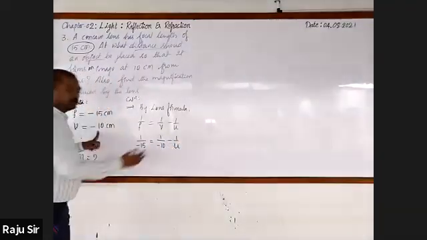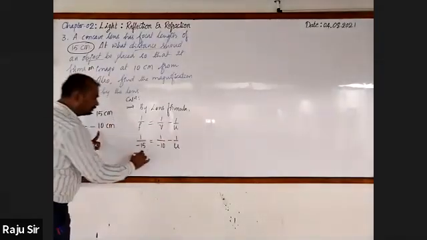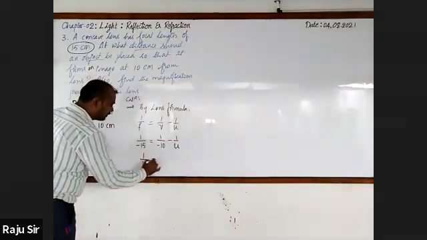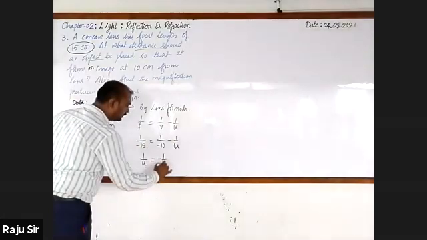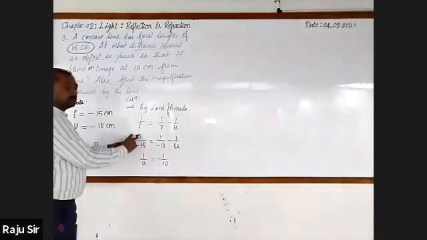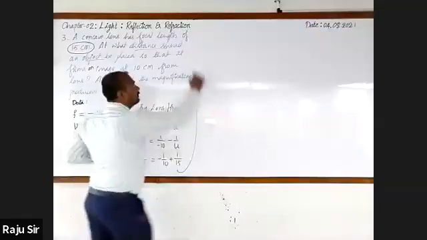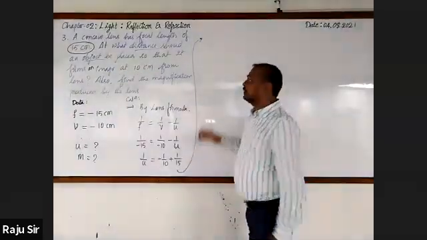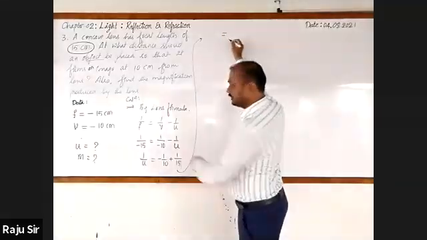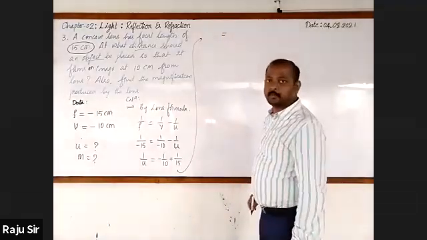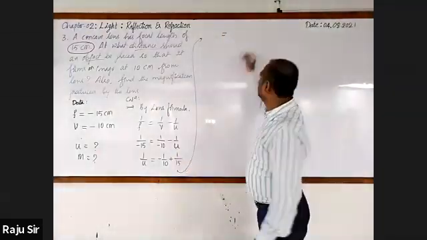We want U. Transfer minus 1 by U to the left hand side. It becomes plus 1 by U, then minus 1 by 10. Transfer minus 1 by 15 to the right hand side. It is plus 1 by 15. Then take LCM and simplify. It is 30.